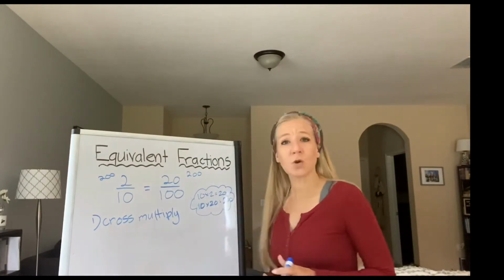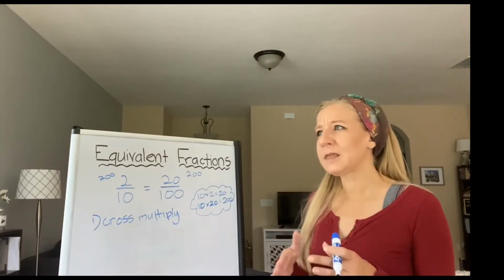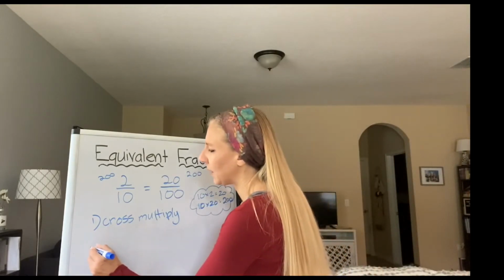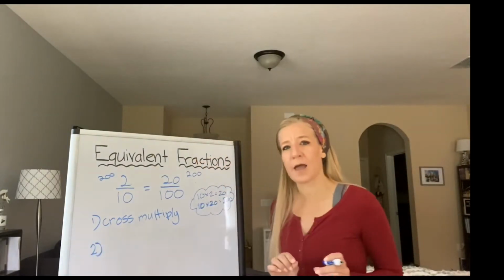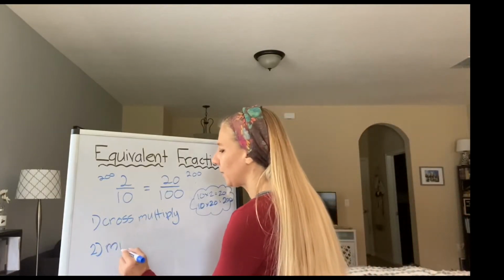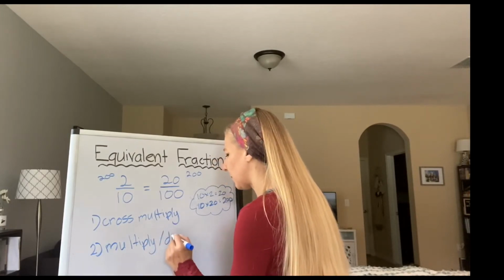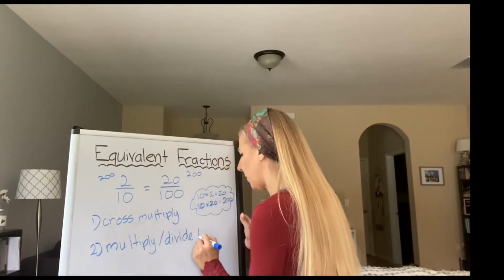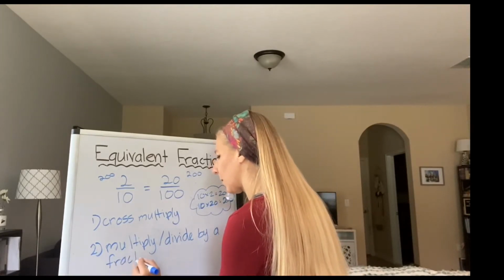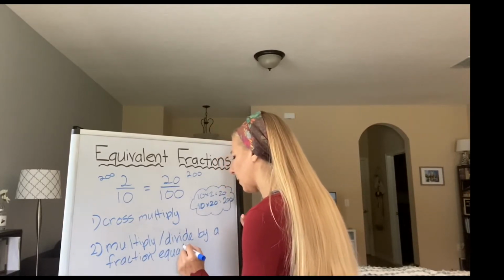So we can use cross multiplication. But with this skill, I think that another way might even be a little bit easier. And that would be when we multiply or divide by a fraction equal to 1.